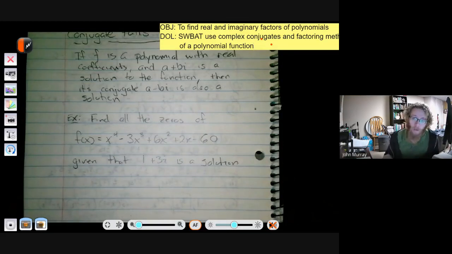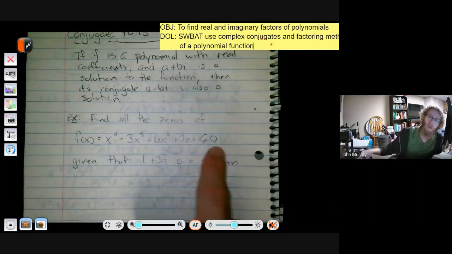So when we get a negative number underneath that radical, and the plus and minus in the formula already, that gives us our complex conjugate, right? So you have 2 plus the square root of negative 5 over 3, and then 2 minus the square root of negative 5 over 3, right? Those are automatically complex conjugates.